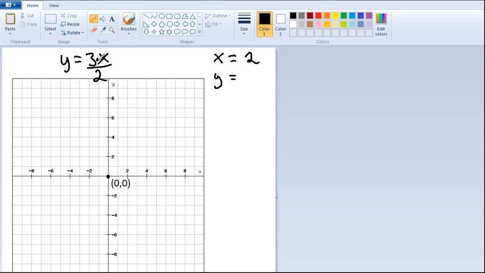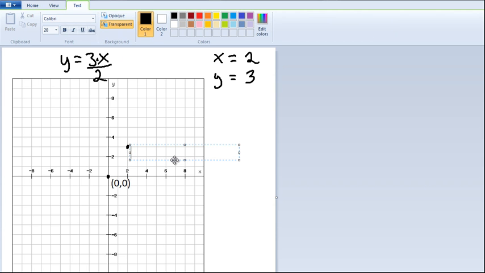So 3 times 2, which is 6, and 6 over 2 is 3. So y would be 3. Here we have another point. So x is 2 and y is 3. This is the point 2, 3.